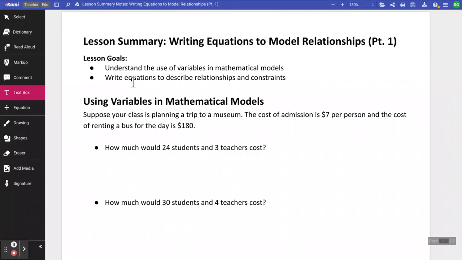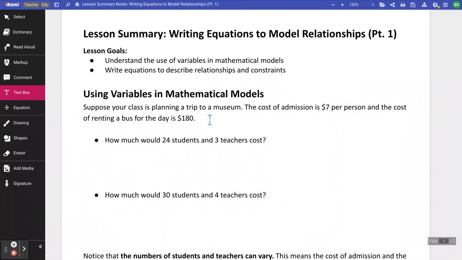So to jump right in, the first part of our lesson was talking about the use of variables. To help us with that conversation, we're going to be talking about this situation here. Suppose your class is planning a trip to the museum. The cost of admission is $7 per person, and the cost of renting a bus for the day is $180.